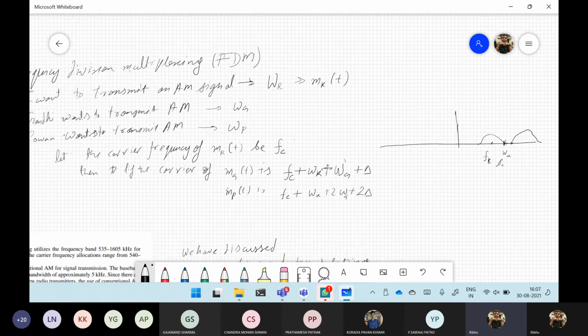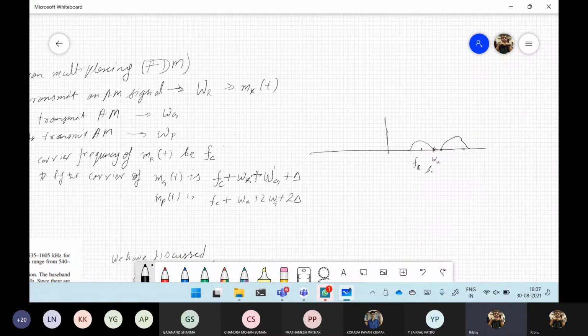Here is Gandhi's signal, and here is Pavan's signal. So let me call this FG, and let me call this FP. Fine. And using a suitable demodulator and bandpass filters, I can separate these three out at the receiver, right?